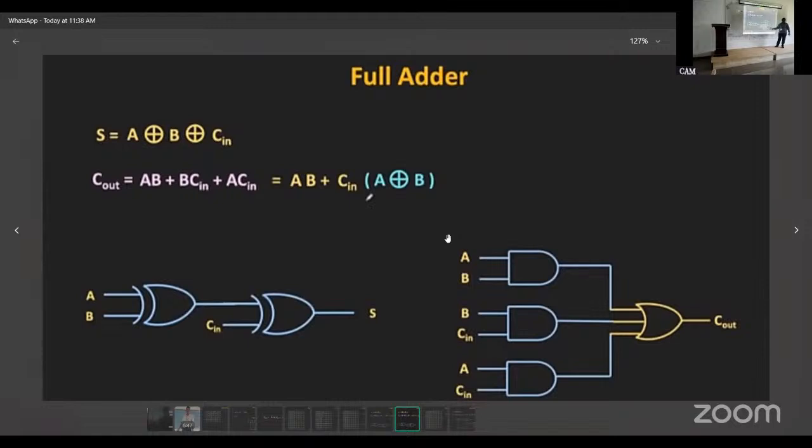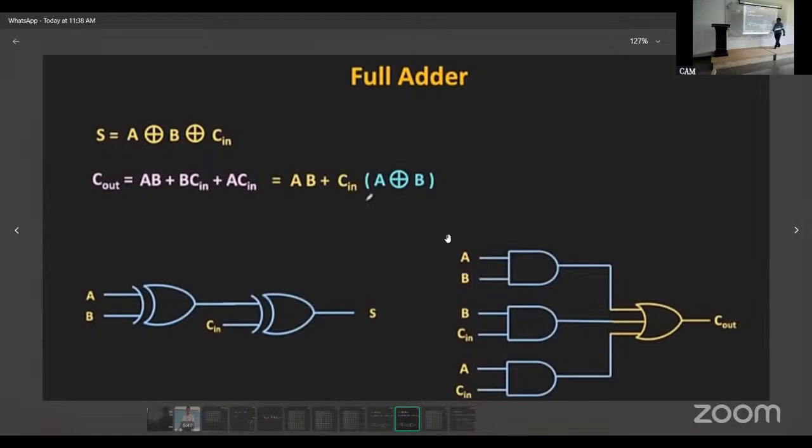Plus indicates OR. Here is AB, here B C in, here A C in, and here it is OR. OR gate means AB plus BC in plus AC in. This is the carry output, so this is the circuit diagram of carry out.